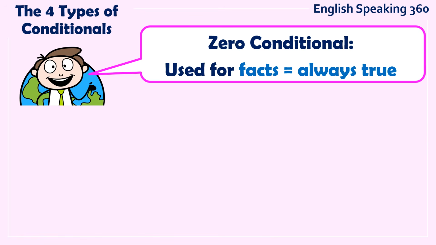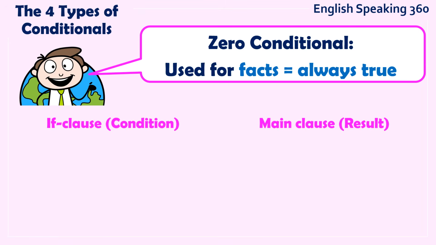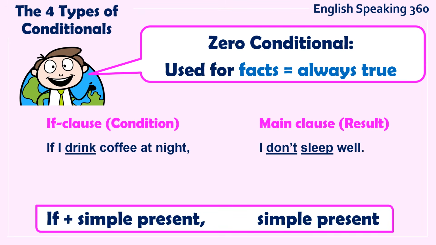The first type of conditional is called the zero conditional. It is used for facts or things that are always true. So, for example, if I drink coffee at night, I don't sleep well. The construction of an if sentence is always the same.